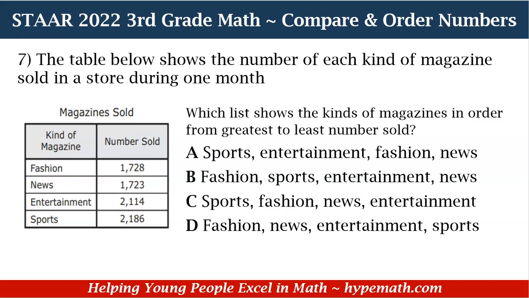So let's look at our numbers that we're talking about because we know the kind of magazine, but we need to see the number sold, okay? So looking at our table, on the left-hand side, it shows the kind of magazine, and on the right-hand side, it shows the number sold.